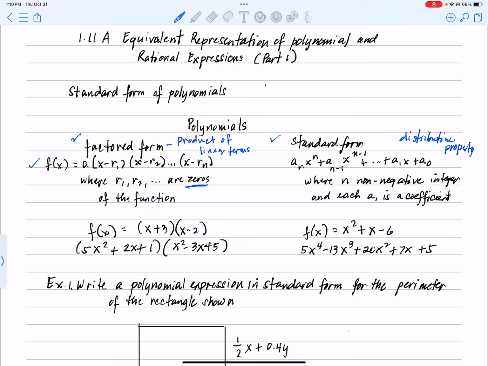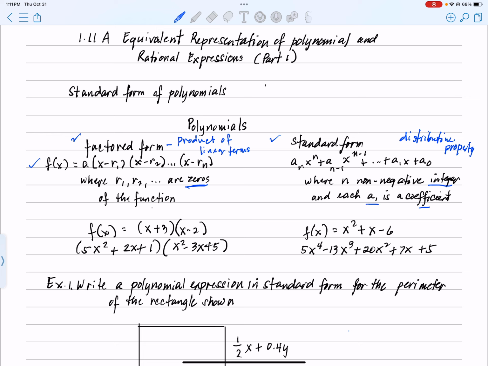The standard form of a polynomial is a sub n times x to the power of n plus a sub n minus 1 times x to the power of n minus 1 until a sub 1 x plus a sub 0, where n is a non-negative integer and each a is a coefficient.